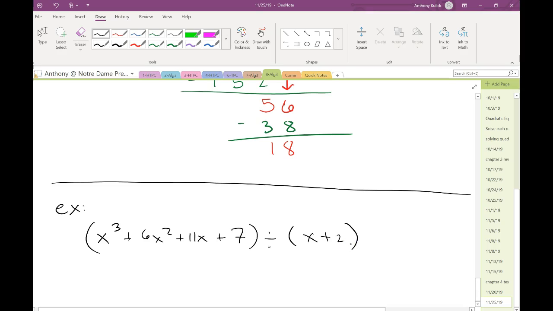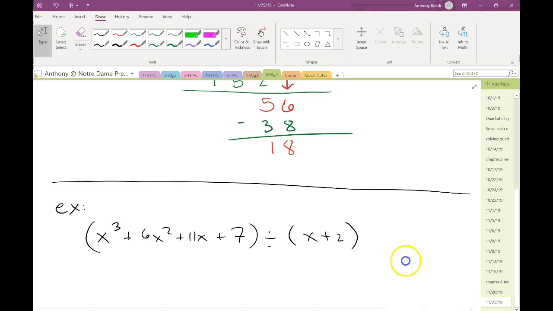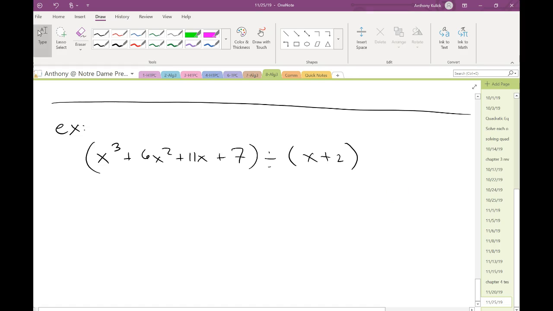Let's say we want to divide x cubed plus 6x squared plus 11x plus 7 by x plus 2. Okay. Well, we'll set this up the same way we did before. We'll draw our division bar. We'll write the divisor on the outside and the dividend on the inside.